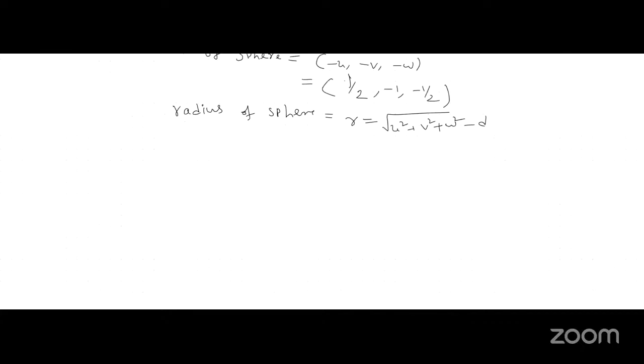So u square is 1 by 4, plus v square is 1, and w square is 1 by 4, minus 3 by 2.